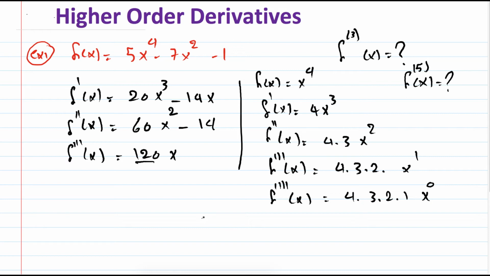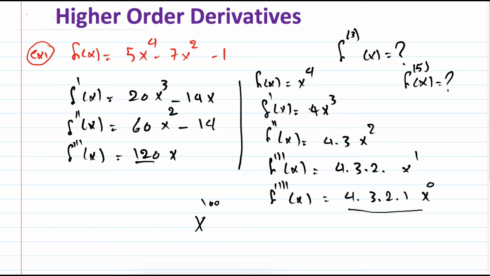So if you have x to the 100, and I'm asking you to find me the 101st derivative of this function, it will be 0. What if I ask you to find me the 100th derivative of the function? Well, find the first, the second, the third, and the fourth derivatives, and then see if you can find a pattern. If I have a variable raised to a power n, and I ask you to find me the nth derivative of the function, basically it will be this.